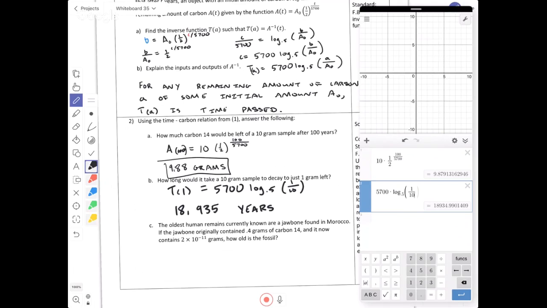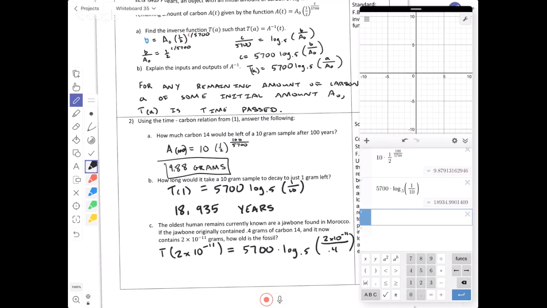I'm going to use my inverse function, T of A, and this is T of 2 times 10 to the negative 11th, equals 5,700, the half-life, times log base 0.5 of 2 times 10 to the negative 11th out of initial amount of 0.4.